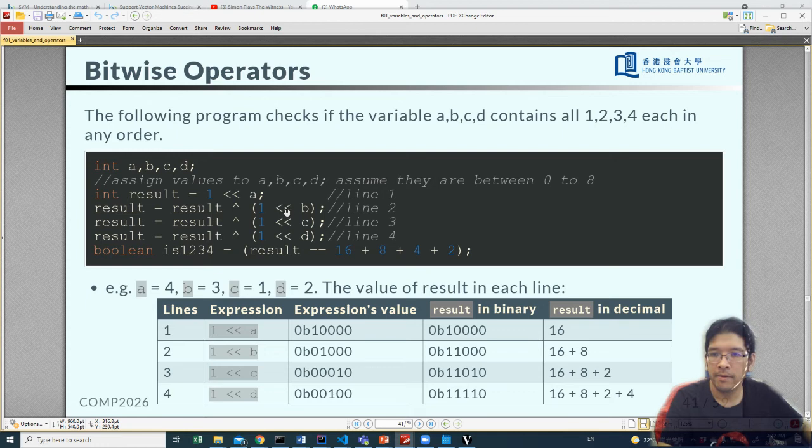The second one, 1 left shift B. Now B takes the value of 3, which appends 3 zeros after that one, so that will be 0b1000. So effectively we have this number. The value of result will be equal to 16 plus 8. Similarly, C equals 1, so we put 1 zero after 1, that will be 10.